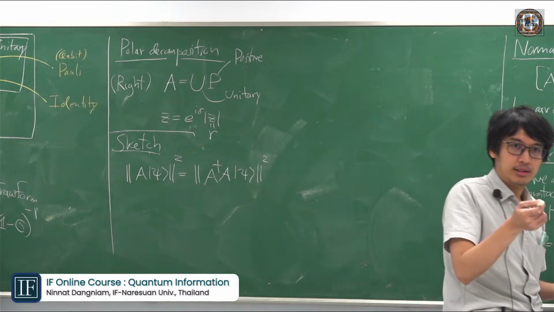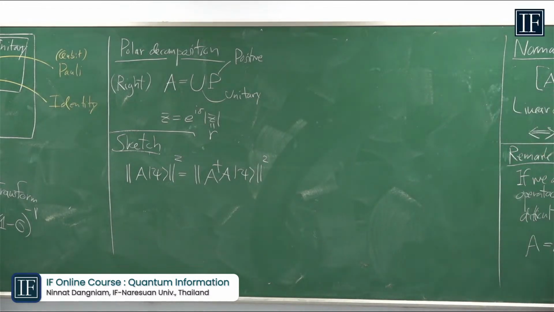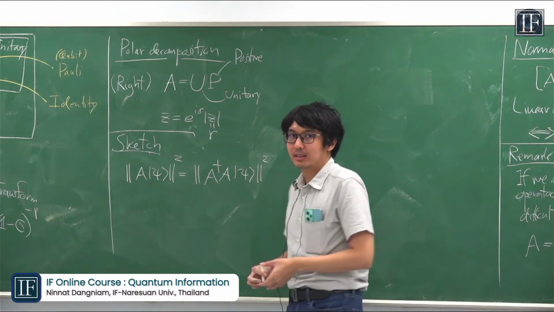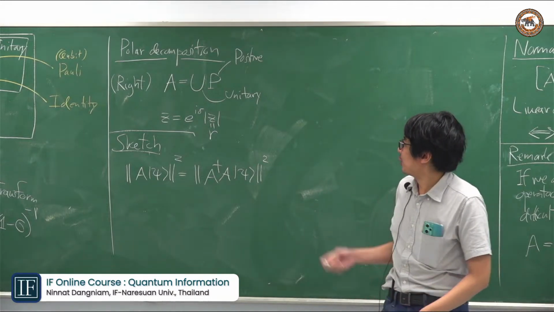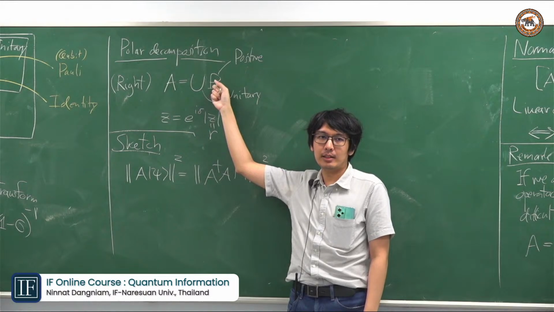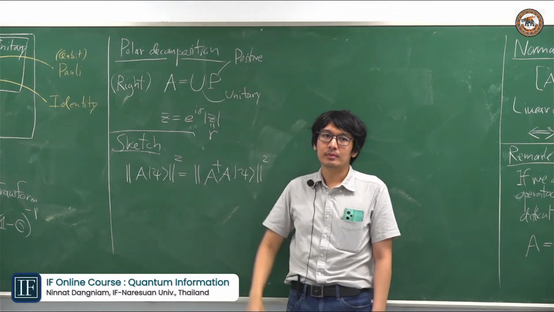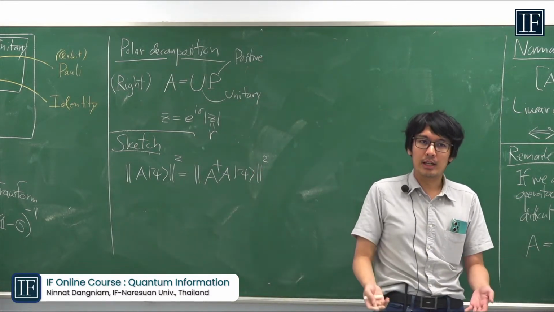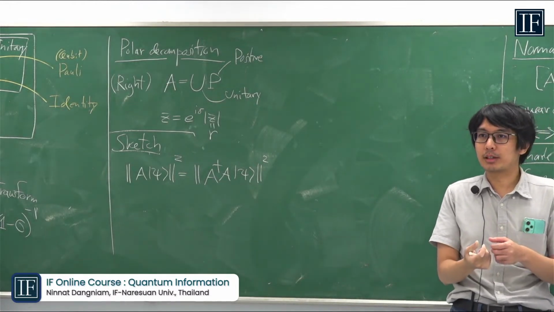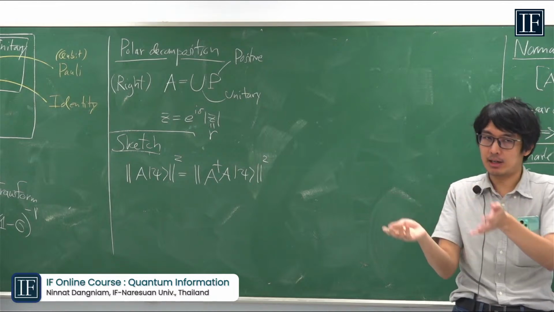Do you have a guess, the cameraman? Can you guess what the expression of this P would be? When you do the polar decomposition, given A, you have to calculate U and P somehow.